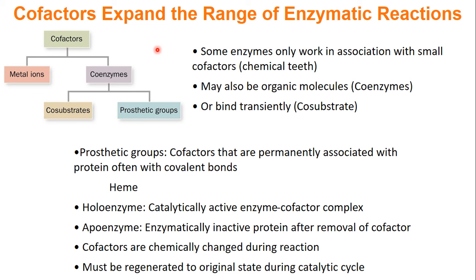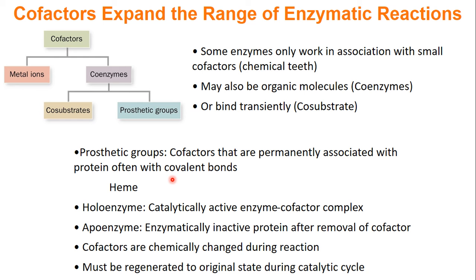Now, enzymes usually, not always, but usually need something else to allow their reaction to happen. And these are called cofactors. First we can split them into, is it a metal ion or is it a coenzyme? And a coenzyme we can split even further into co-substrates and prosthetic groups. So what's the difference between these? Well, a prosthetic group is something that's permanently attached to the protein through covalent bonds.